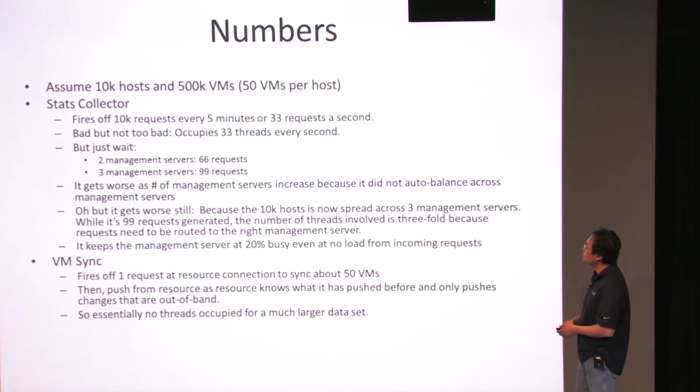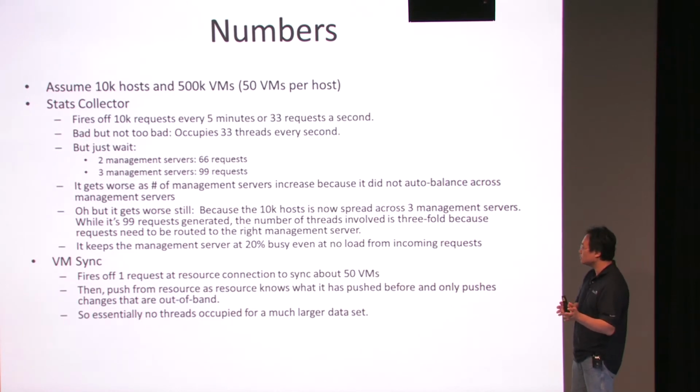So that's one thing. Whereas with VM sync, we fire off one request at resource connection time. It syncs about 50 VMs, takes a few seconds, 5 to 10 seconds, and then it pushes from the resource, because we trust the resource to know what it had at the last sync point, and it only sends out changes that were not expected on the management server.